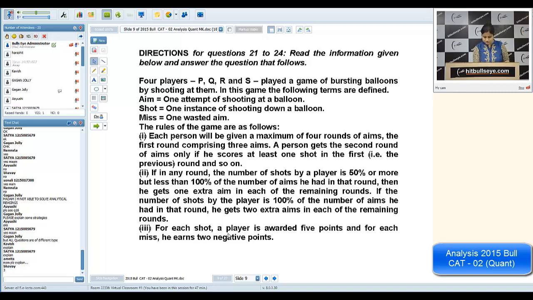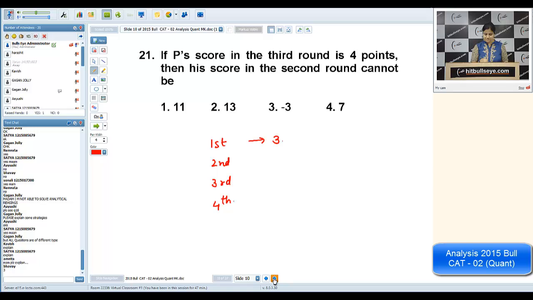It says, for each shot, a player is awarded 5 points, and for each miss, he earns 2 negative points. If I solve this, see, R scored 11 points in the second round. I don't know how many shots are here and how many misses are here. So I'm considering X are shots and Y are misses. So in total X plus Y aims I am getting.